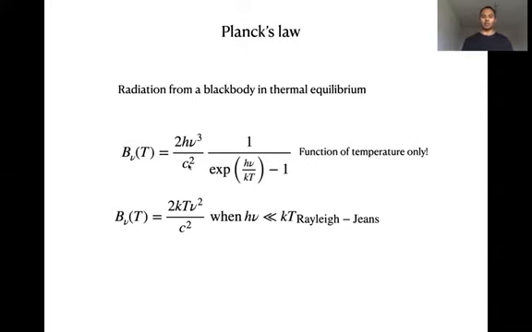This law is so fundamental because it does not matter what the body is made of. It doesn't matter what its internal constitution is. As long as it's a black body and in thermal equilibrium, its specific intensity will always have only this form, and it will only depend on the temperature of the body, not its other material properties.